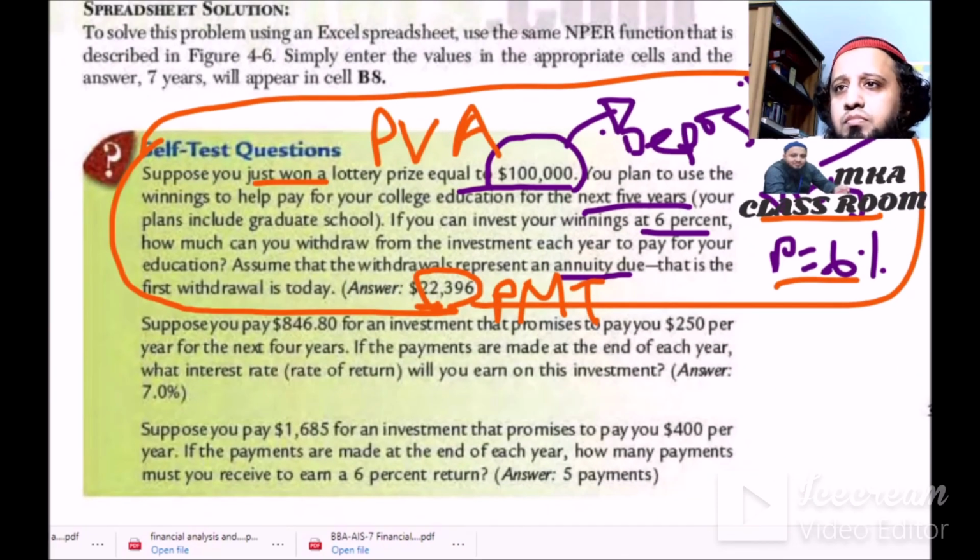Next, suppose you pay 846.80 for an investment that promised to pay you 250 per year for the next 4 years. If the payments are made at the end of each year, what interest rate will you earn on this investment?